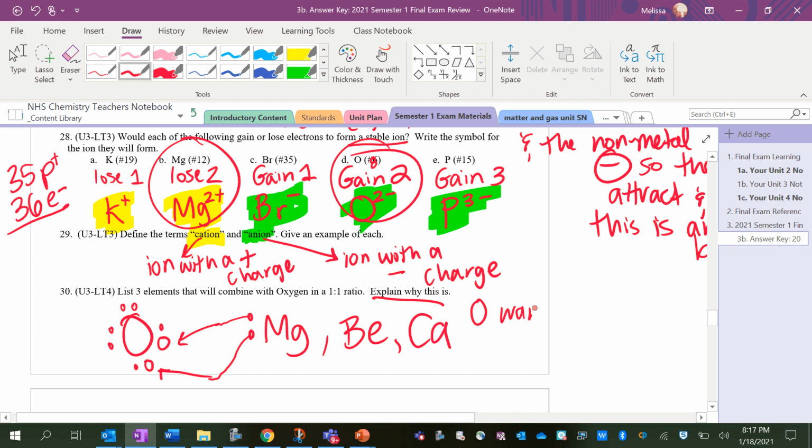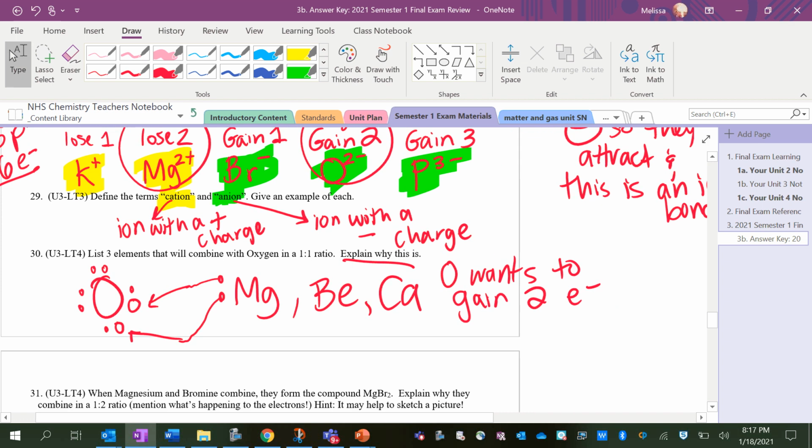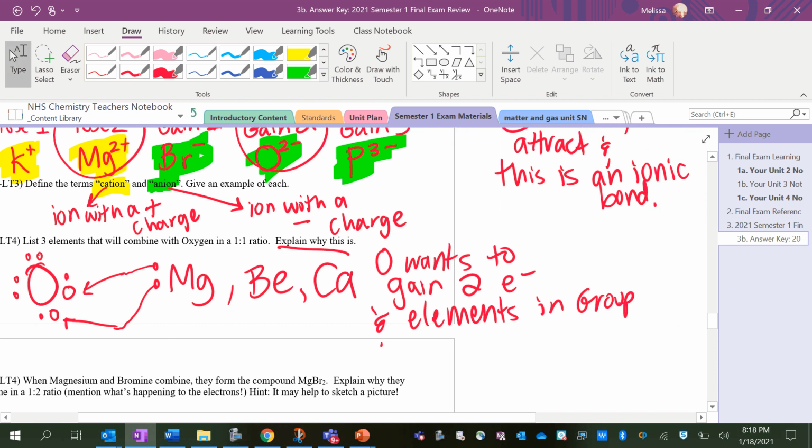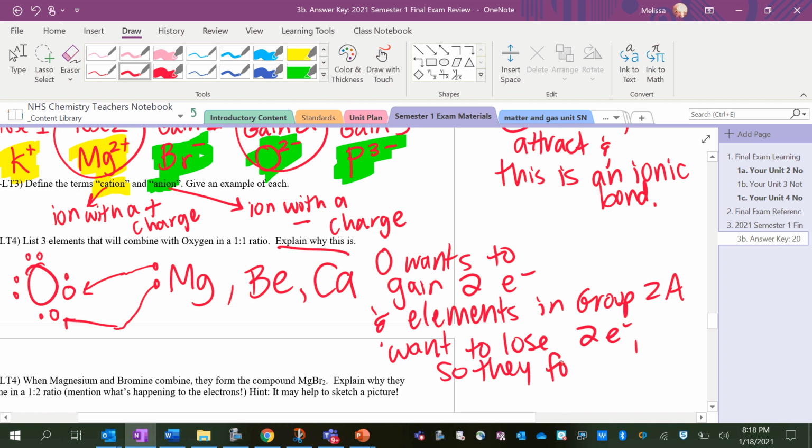Oxygen wants to gain 2 electrons, and elements in group 2A want to lose 2 electrons, so they form a 1-to-1 ratio.